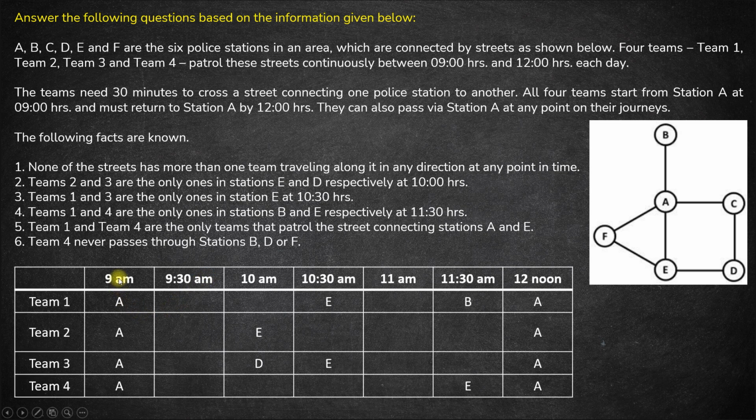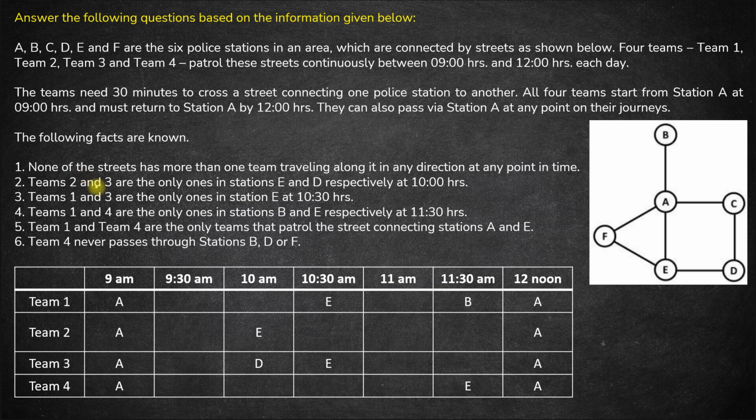All of them at 9 am start from A and all of them at 12 noon have to reach A. And after every half an hour they will be at a police station, since it takes them half an hour to cross any street. So every half an hour they must be at a certain police station, and we will figure out at which police station each team is.